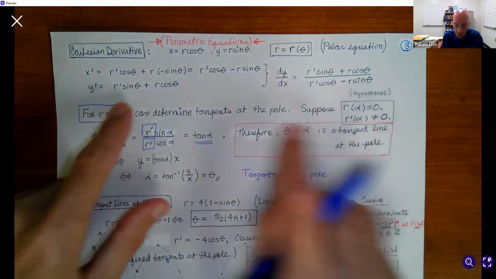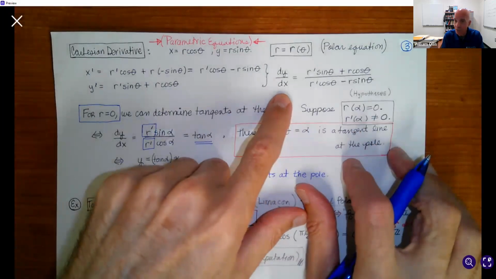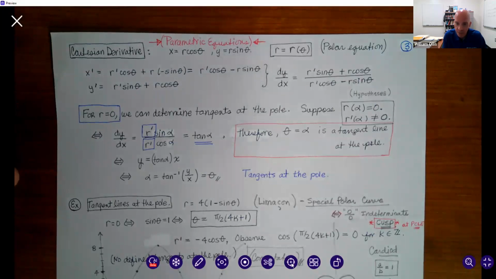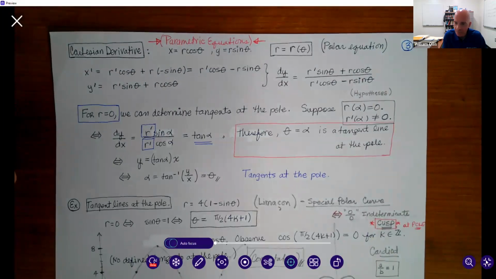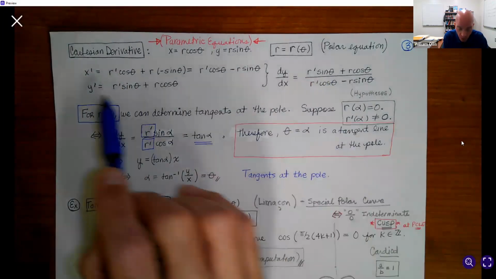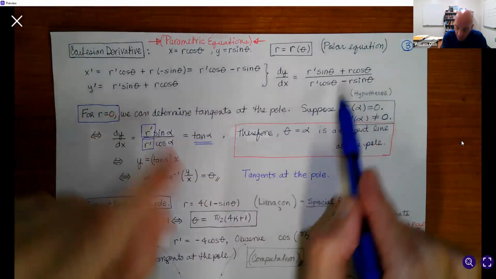Now remember, we can write the standard Cartesian derivative utilizing, let me check the focus here, make sure that's nice, there we go. We can now take the ratio of y prime to x prime, and we have this just using these two equations.